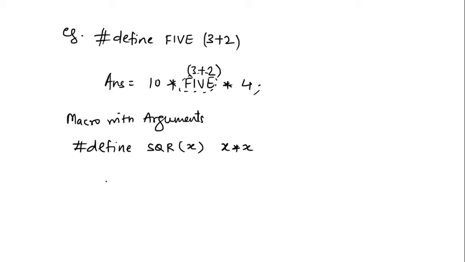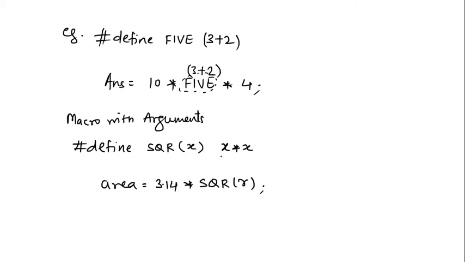Suppose again I want the area of a circle. Pi, or maybe just now let me write 3.14 to avoid confusion. And then instead of r square, I can write SQR(r). See, I'm using the macro with argument. So SQR is the macro call which matches, and the argument passed for x is r.